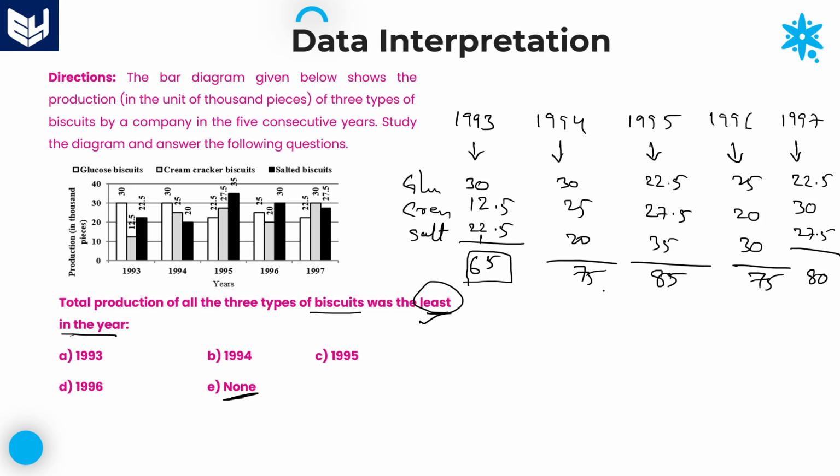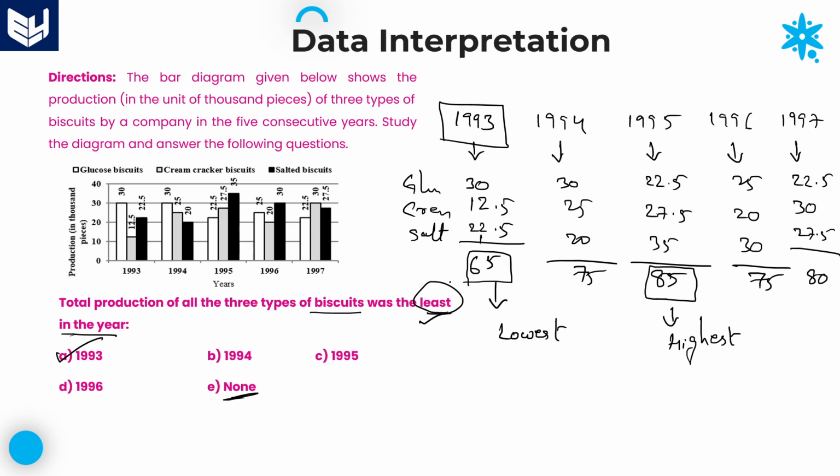The remaining values are 75, 85, 75, 80. The highest value is 85. Sometimes there is a chance of asking highest as well. Whereas the lowest value is 65, in the year 1993. 1993 is the right answer for this question.